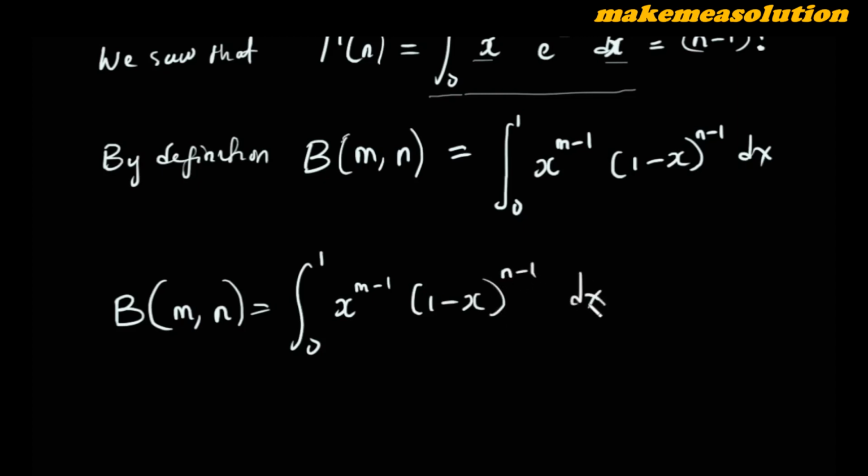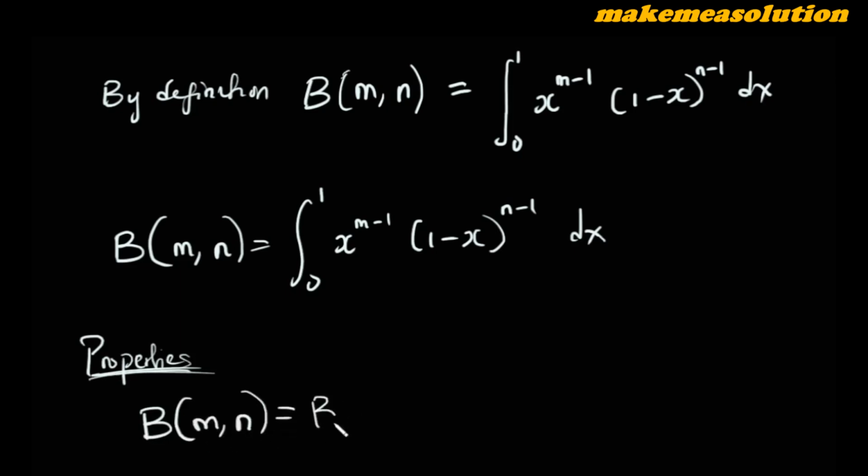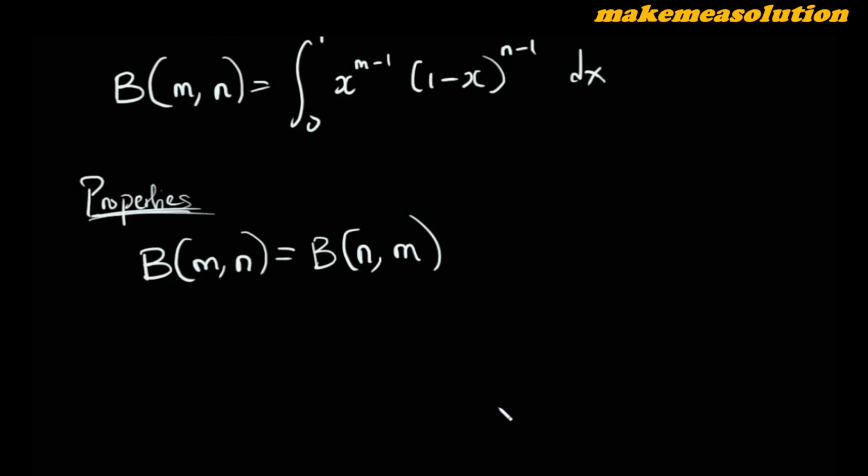So we want to look at a very important property of beta functions. One of the properties of beta functions we'll be looking at is that beta of m comma n is still the same thing as beta of n comma m. So it's basically the same thing. It's still very much alike. So you shouldn't be scared that if you twist the positions, you will get something wrong.